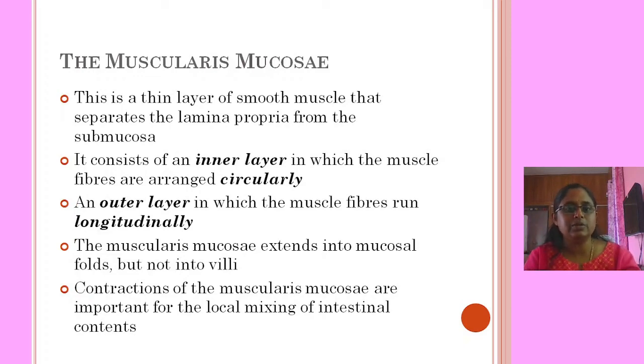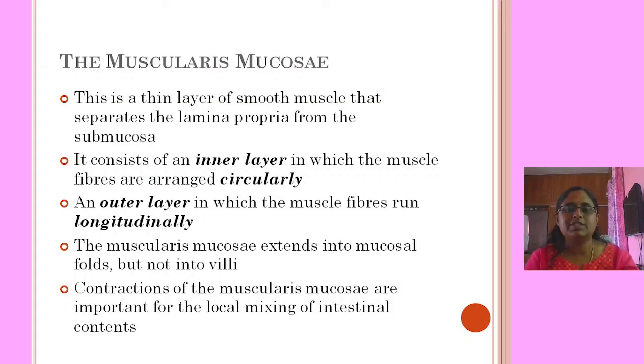The muscularis mucosae is a thin layer of smooth muscle which separates the lamina propria from the submucosa. It is the last lining of the mucosal membrane. It consists of an inner layer in which the muscle fibers are arranged circularly, and an outer layer in which the muscle fibers are arranged longitudinally.